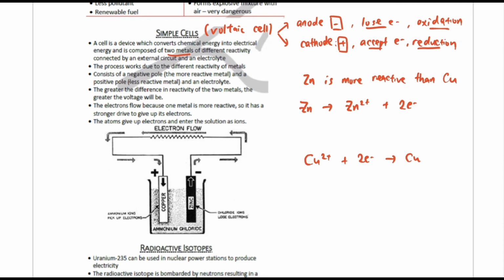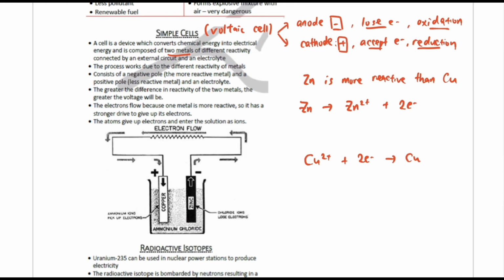And a positive pole is the less reactive metal, for example, copper. And then the electrolyte is here, with ammonium chloride as our example.